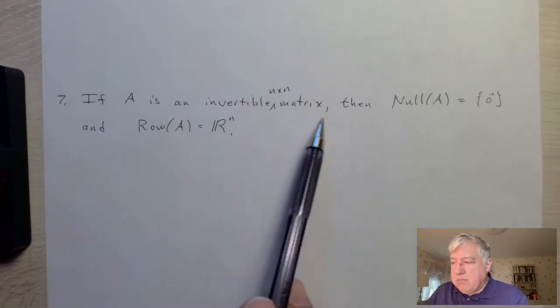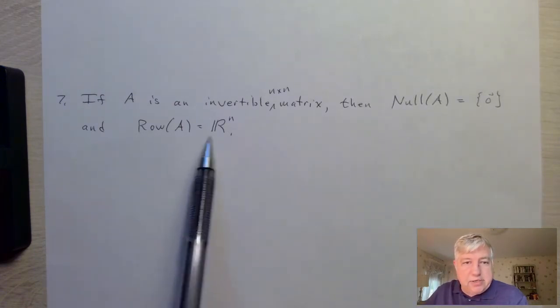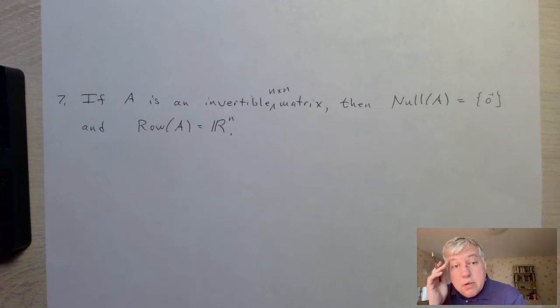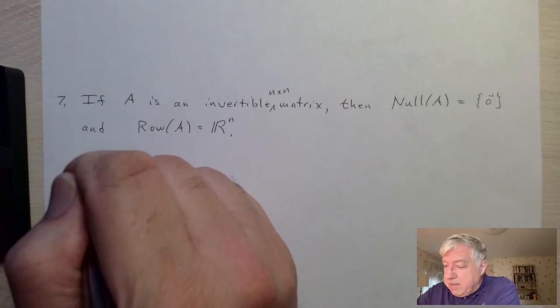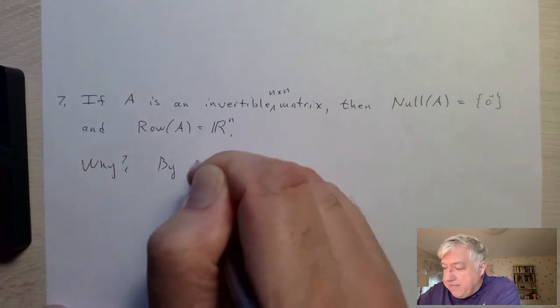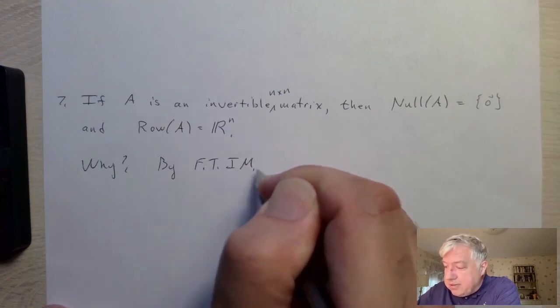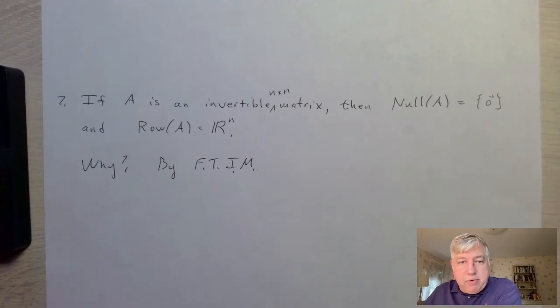As a consequence of this, we get that if A is an invertible matrix, then the null space is 0, and the row space is all of Rn. The reason for that, if you remember from last time, is the fundamental theorem of invertible matrices, where we said if a matrix is invertible, then it's equivalent to these 4 other things.